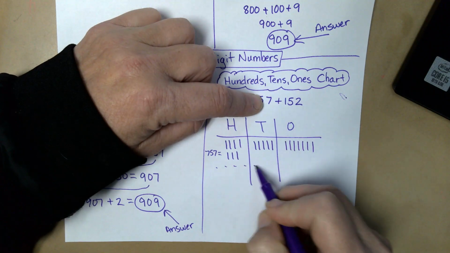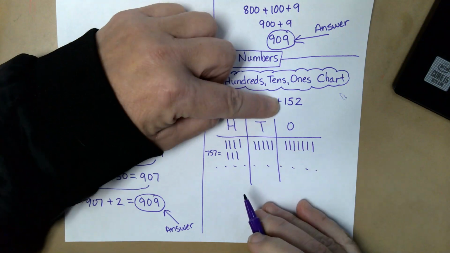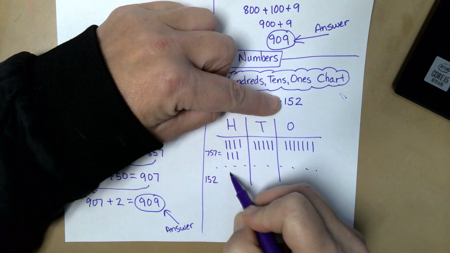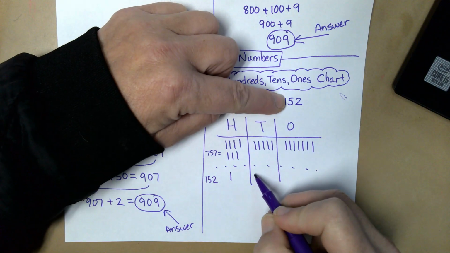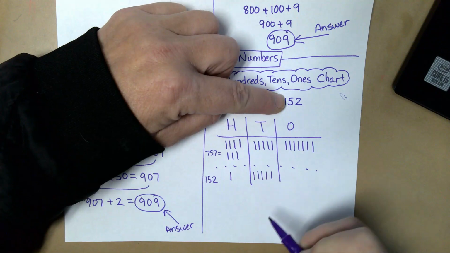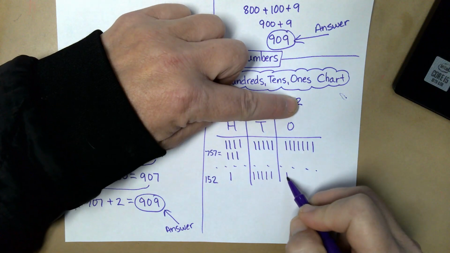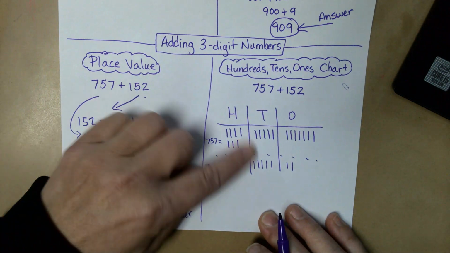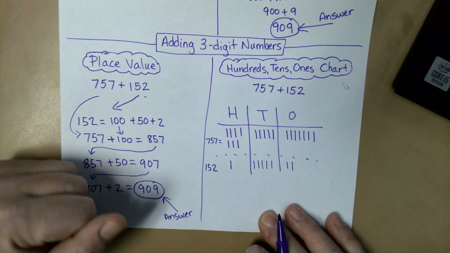I'm going to put a little dotted line, and I'm going to grab my other number, 152. So I need 100, I need 5 more tens, 1, 2, 3, 4, 5, and I need 2 ones, 1, 2. Okay, once I have that done, I want to total up what the value is inside each column.